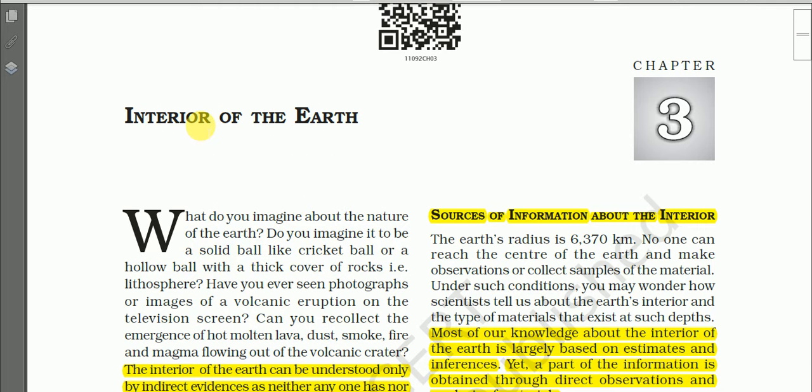So you have already learned in the lower classes about the Earth interior. What is the nature of the Earth interior, whether it is in solid state, liquid, or other forms. And you may have learned different layers of the Earth interior also.